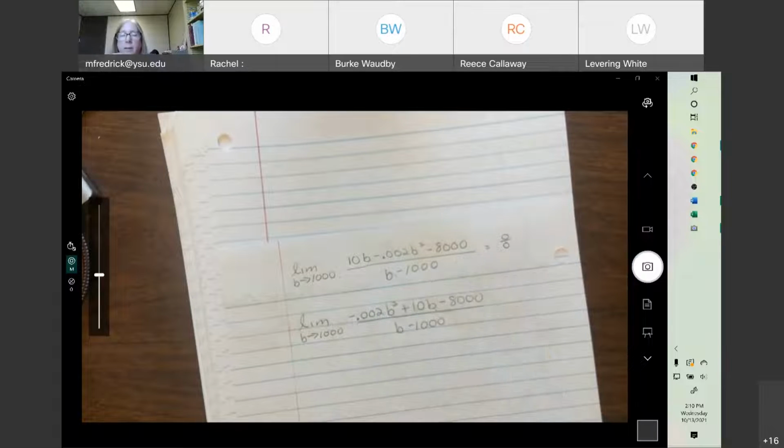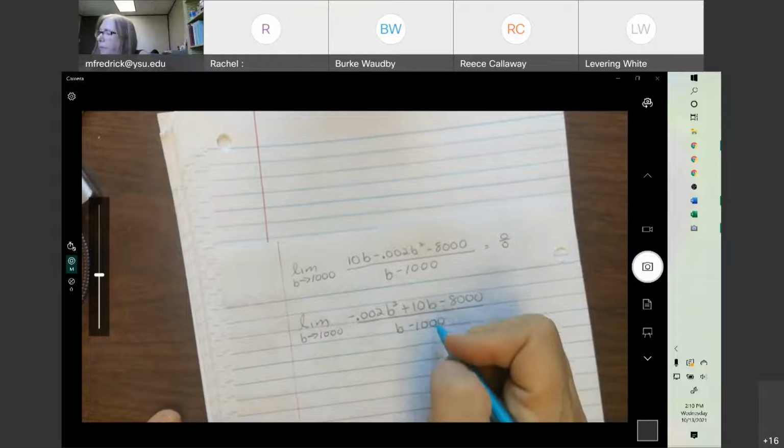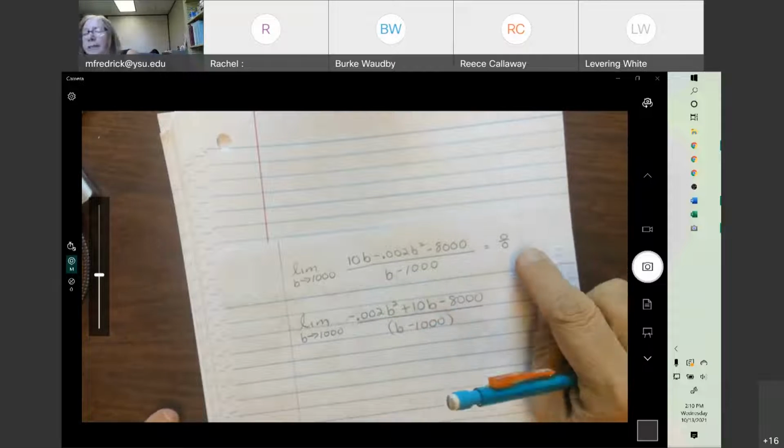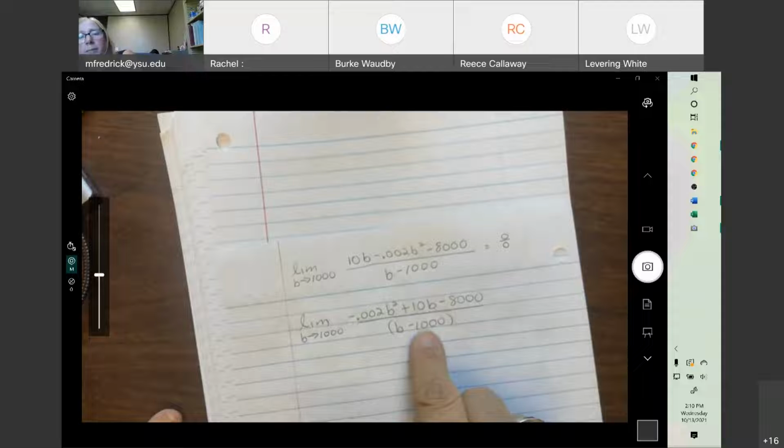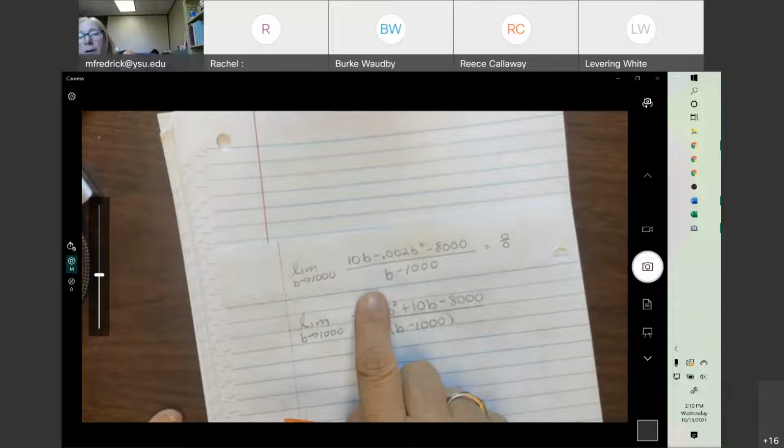Now you could factor this by trial and error. You can factor it by grouping. You can factor it by the x, that big X that we did the multiply and add on. But to get 0 over 0, this b minus 1,000 has to also be on the top.